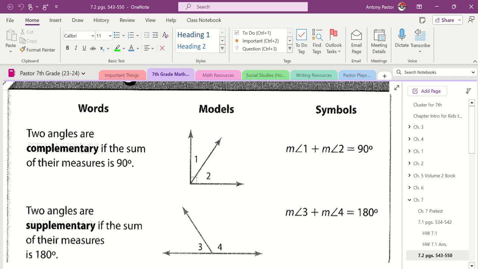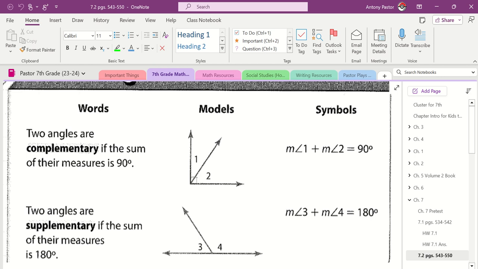Two angles are complementary if the sum of their measures is 90 degrees, meaning if you take two angles and add them together, they should equal 90 degrees. That is complementary. If it does not equal 90 degrees, any other number, not complementary. It has to equal 90 exactly.